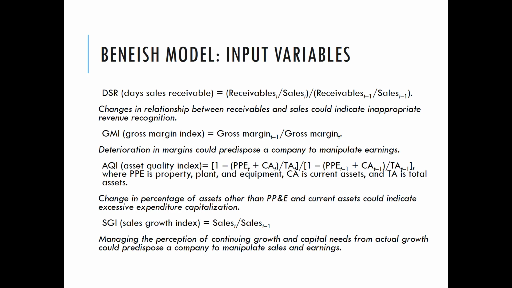So again, if somebody's stealing from your business, one of the easiest ways to understand who's stealing is who's changed the way they act, who changed the way they behave. And similarly, when we're trying to understand earnings manipulation, that is also the reasoning why a lot of these ratios are changes from year to year, because you're basically trying to find any major drastic changes in these ratios.